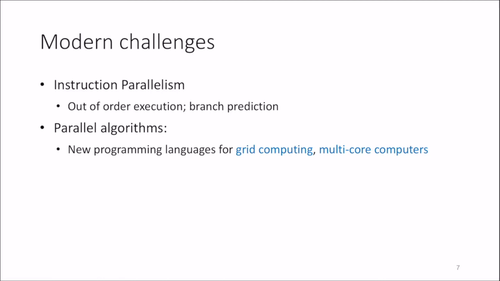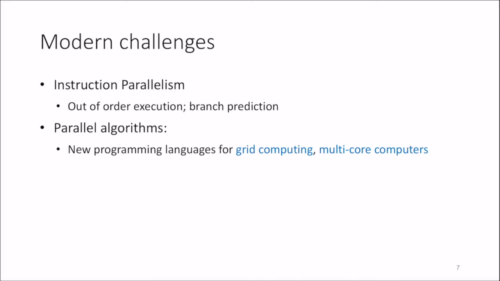There are a lot of challenges in writing compilers for programming languages that support parallel algorithms. So there are new programming languages that need compilers that are aware of grid computing. So you have many machines all networked together and you want to use them all effectively.